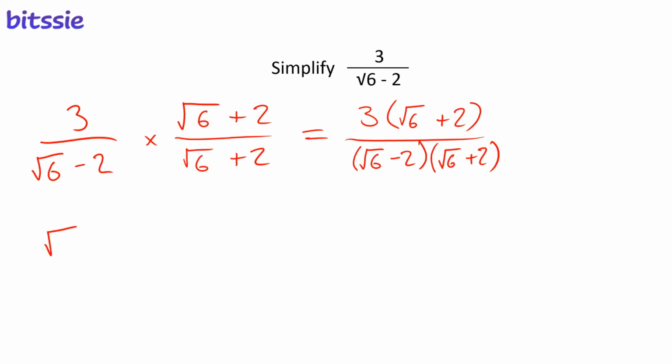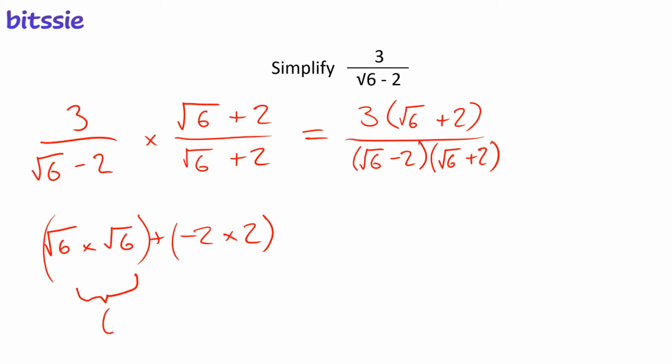So we get root 6 times root 6 plus negative 2 times 2. And this simplifies down to 6, as root 6 times root 6 is just 6. And this simplifies to negative 4. So again, we can get rid of the plus sign to make it 6 minus 4.